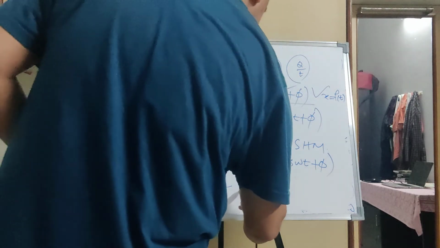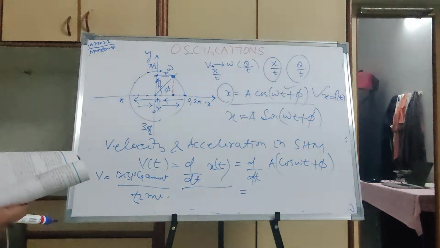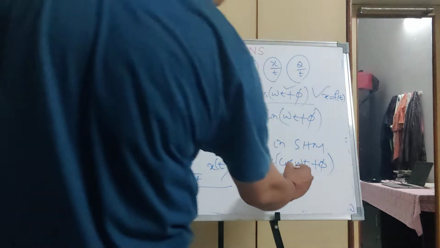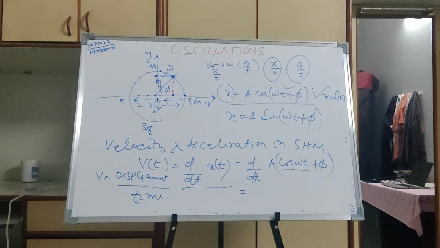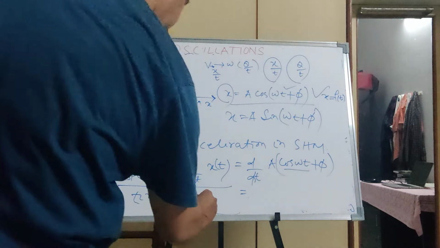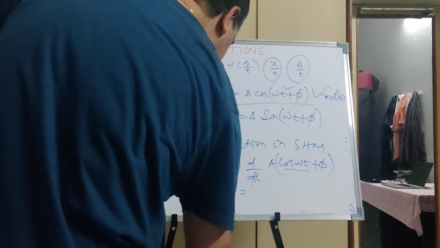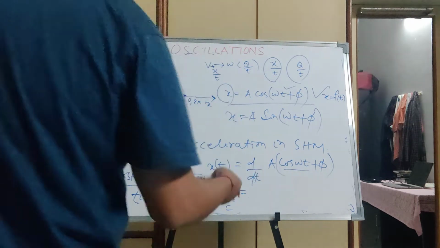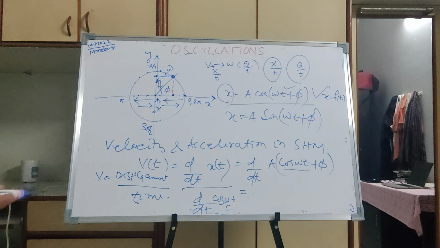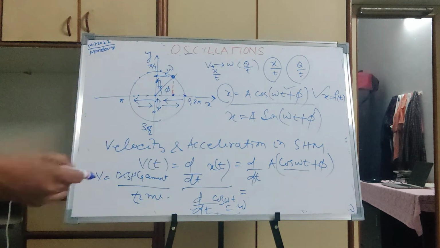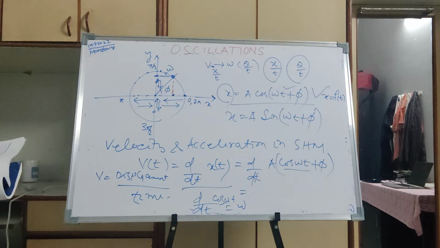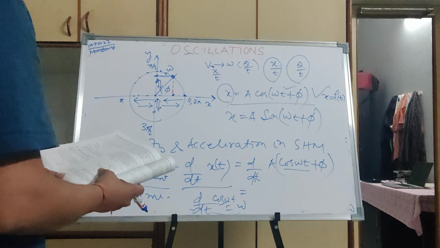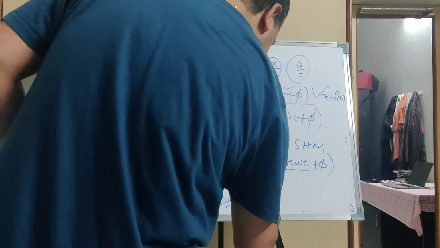This derivative will become omega, this term omega will go outside, right? d by dt of cos omega t is nothing but the derivative of cos omega t, so it will be minus sin omega t.